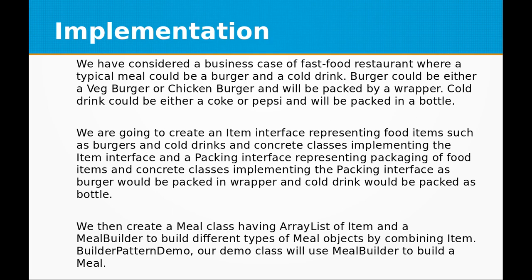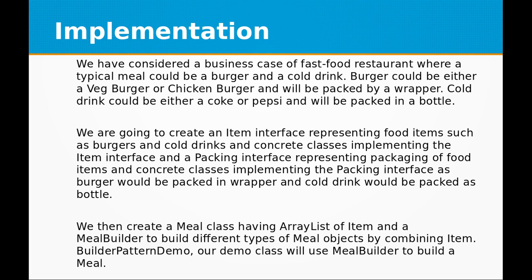We are going to create an item interface representing food items such as burgers and cold drinks, and concrete classes implementing the item interface, and a packing interface representing packaging of food items, and concrete classes implementing the packing interface, as the burger would be packed in a wrapper and the cold drink would be packed as a bottle. We then create a meal class having an array list of items and a meal builder to build different types of meal objects by combining items.